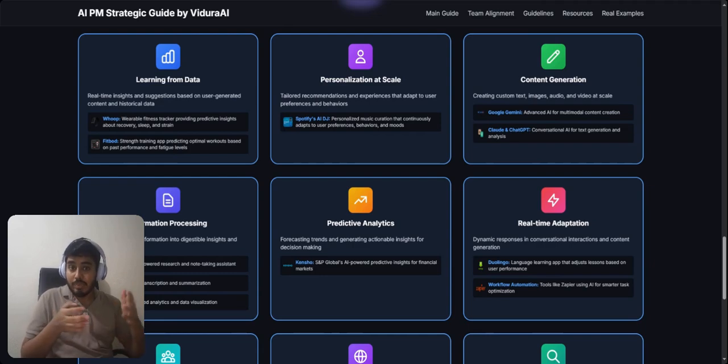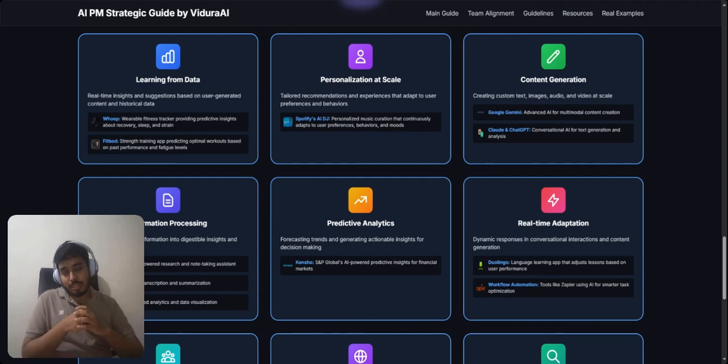And Otter.ai is another meeting transcription and summarization tool. And we can take Tableau, AI-powered analytics and data visualization. If you have heard about Power BI, Tableau is another correlated product. Not the same company, but you might have heard about it. These tools are making information more accessible and actionable.